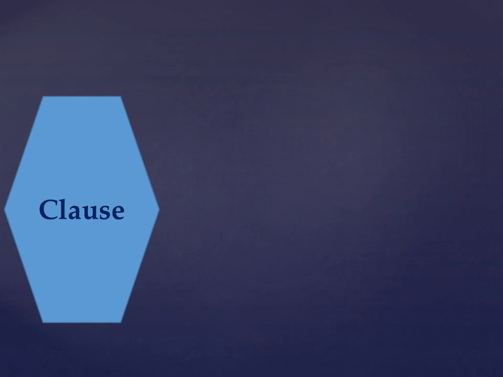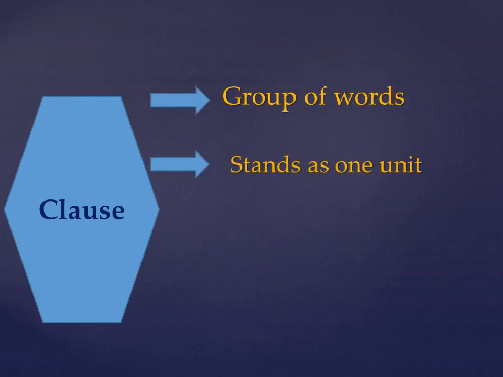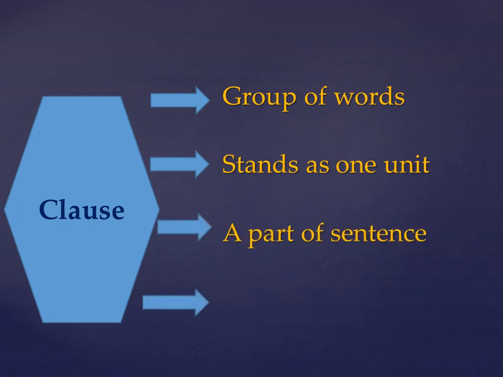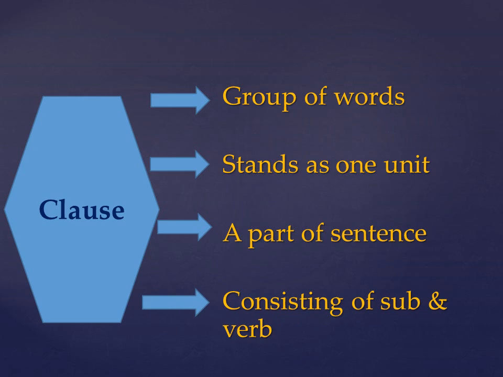Let's see the features of clause at a glance. It's a group of words, stands as one unit, a part of a sentence, and consisting of subject and verb. So a clause must have a subject and a verb.